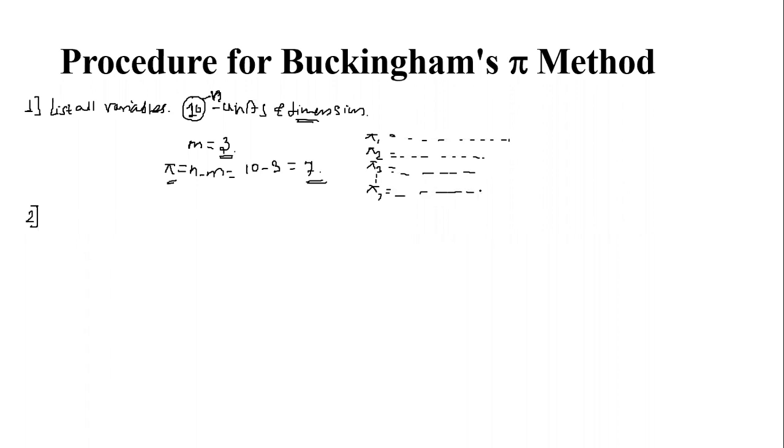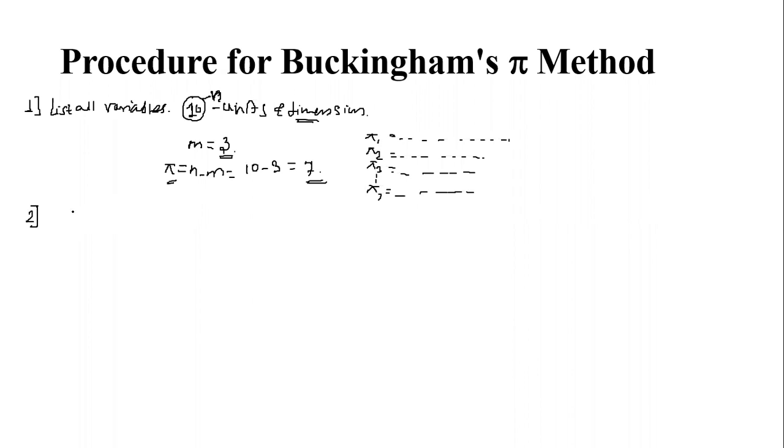तर रिपीटिंग व्हेरिएबल म्हणजे काय असतं की repeating variables are those variables which represent the geometric property, kinematic property and dynamic property. I would like to write here so that you will get an idea what I want to say. In the previous part we have discussed the grouping of the physical quantities.